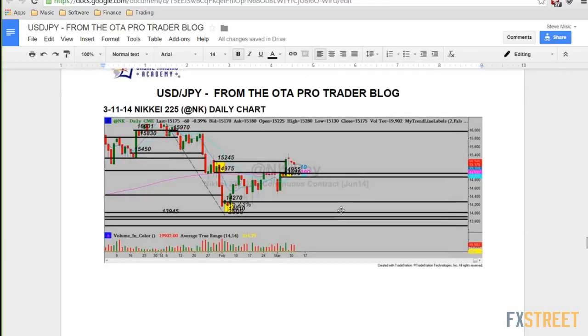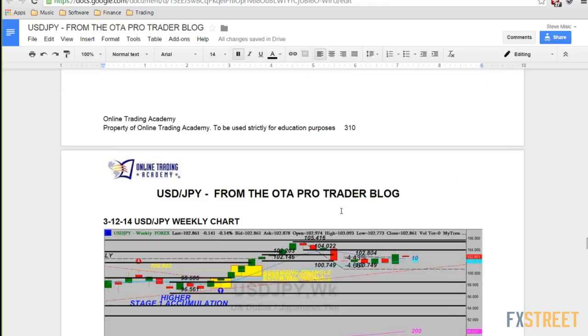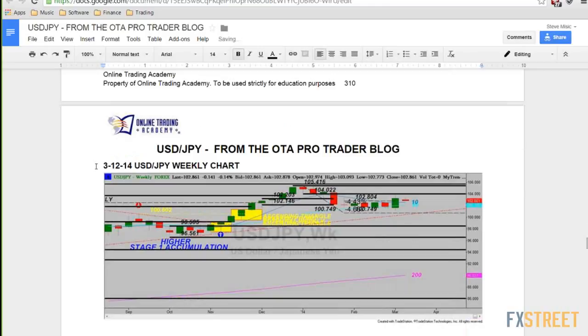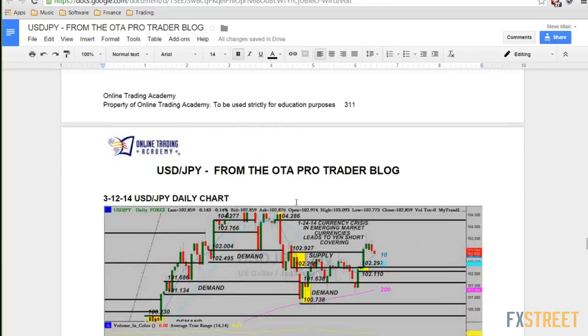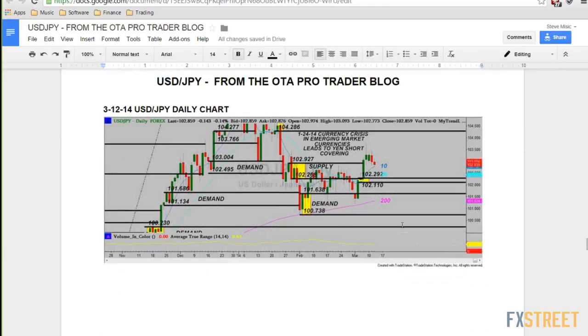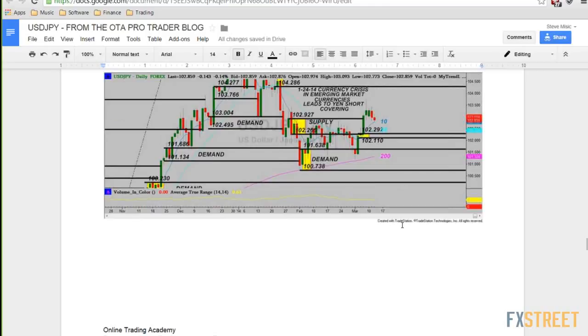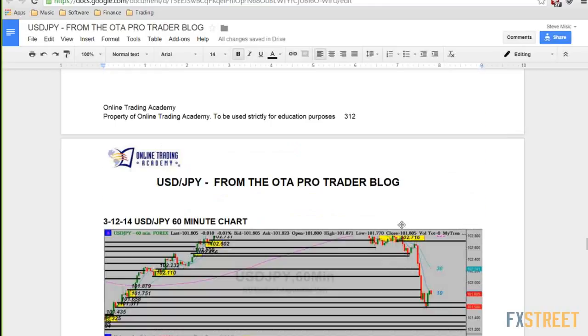We also have a little bit of selling in the middle of the month in March on the dollar. And we come back towards our demand levels in both of them. And at this point, on 3/12/14, we have a strong drop.